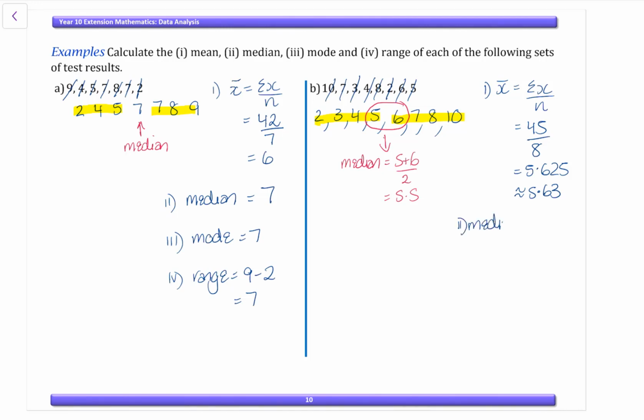So median equals 5.5. My mode, nothing, there is no repeated score, so there is no mode. And then my range is my highest minus my lowest, which is 10 minus 2, which is 8.